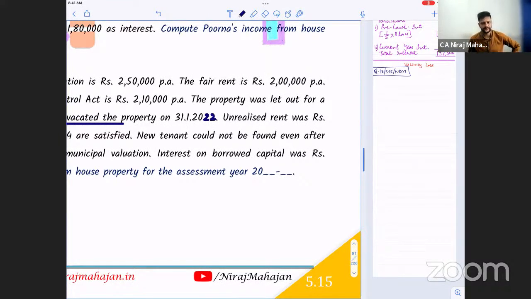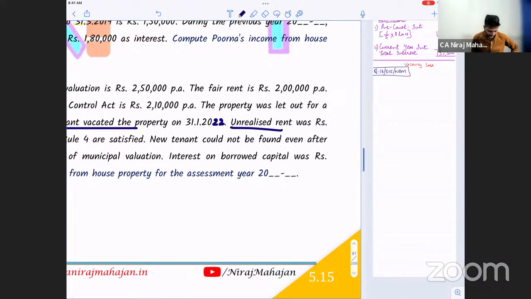From April to January. Understand now, unrealized rent. Pay attention. The tenant occupied from what to what? From April to January. So unrealized rent, bacho, will be after January or before January? What do you think? Unrealized rent will be for which period, after January or before January?